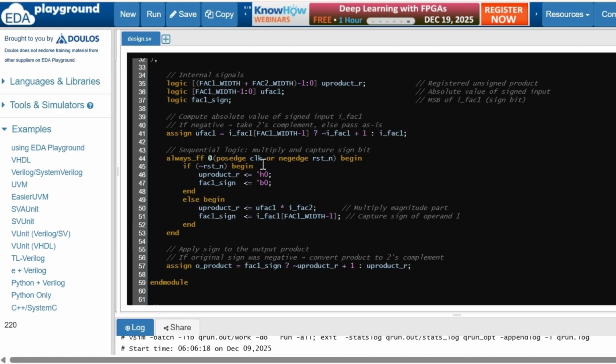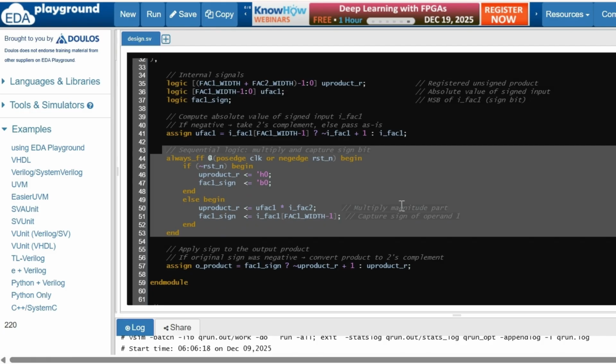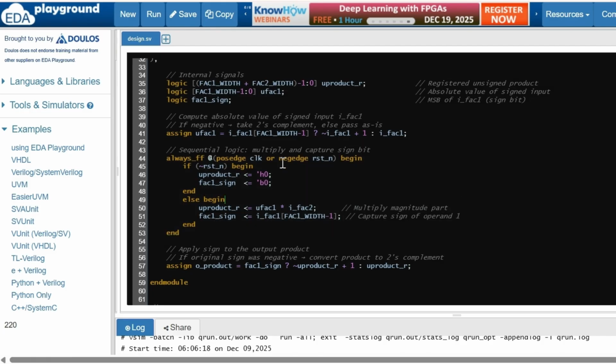Now here is where the actual product happens in the hardware. This is where the hardware multiplier is realized, and on every positive edge of clock we execute this hardware. Whenever there is an active low reset, we reset our unsigned product to 0, and we also assign the sign of factor 1 to 0.